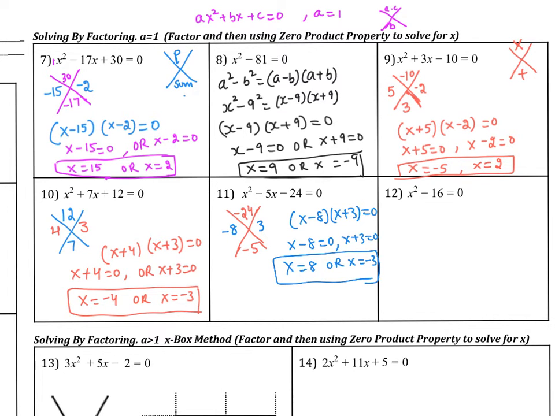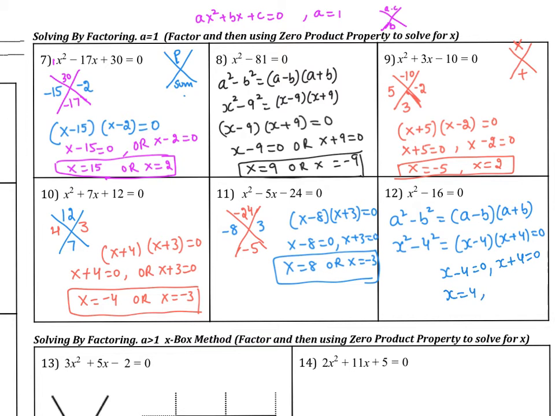For number 12, we are going to apply a squared minus b squared equals a minus b times a plus b, and you're going to rewrite the equation as x squared minus 4 squared, that is going to be x minus 4 times x plus 4. Now you're going to use the zero product property. So set them equal to 0 one by one and solve for x. So you're going to have x equals 4 and x equals negative 4 as your answer.